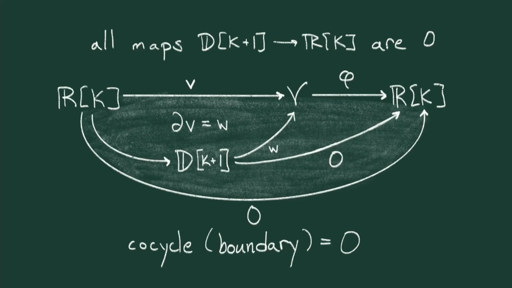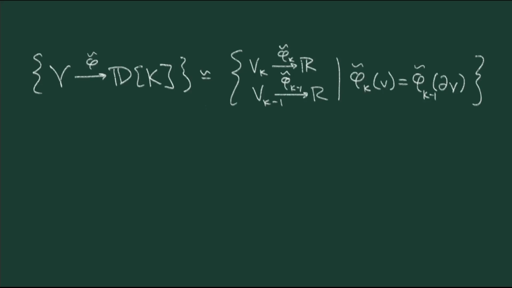Next, let's imagine maps into D[k]. As with maps into R[k], these have a more algebraic feel. I'll leave it as an exercise to convince yourself that a map into D[k] is the data of a linear map phi_k tilde from V_k to R and a map phi_{k-1} tilde from V_{k-1} into R. These two pieces of data must fit together continuously.